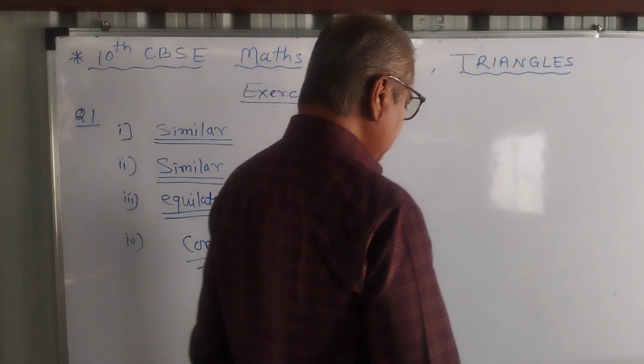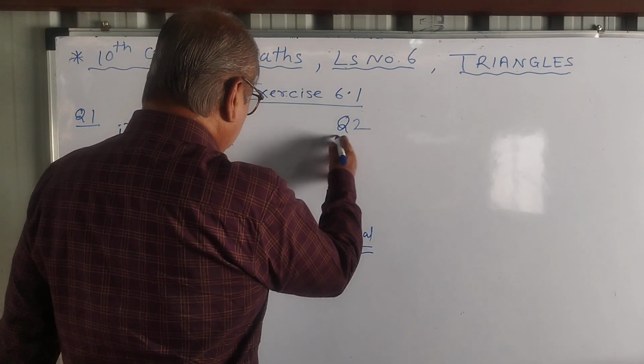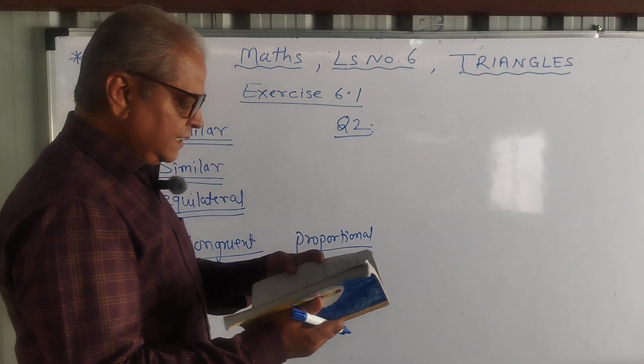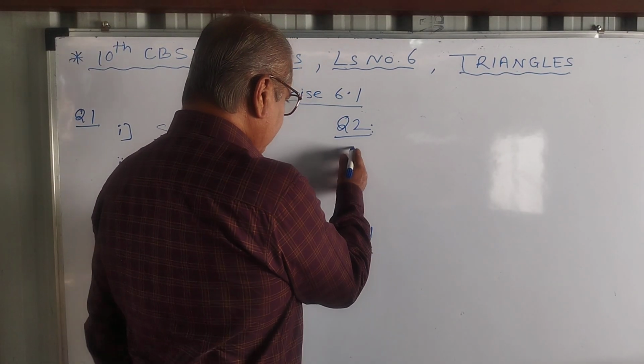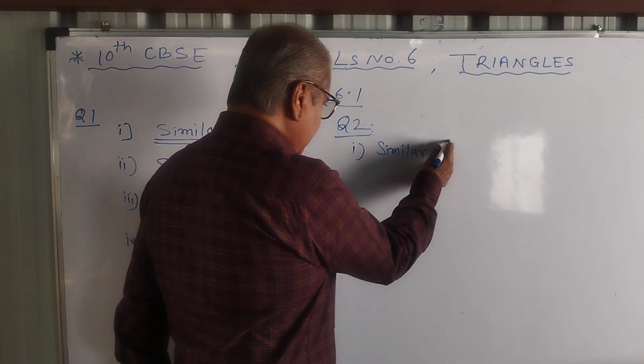Now sub question number 2. Give two different examples of pair of similar triangles or similar figures.